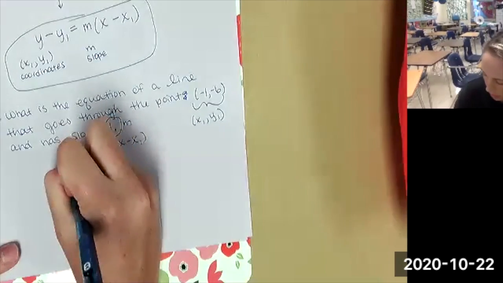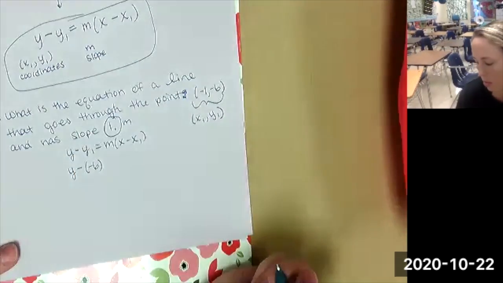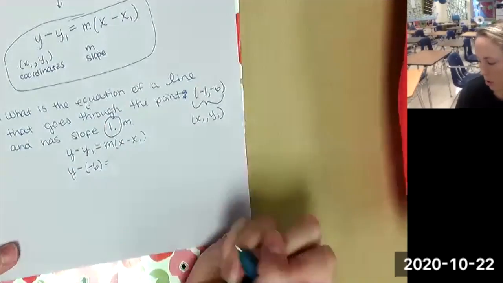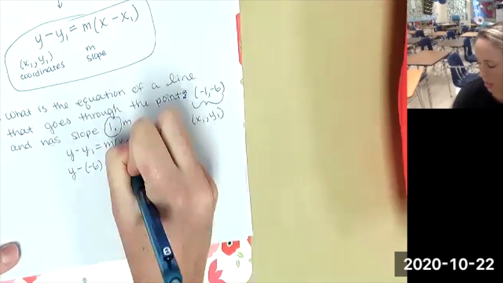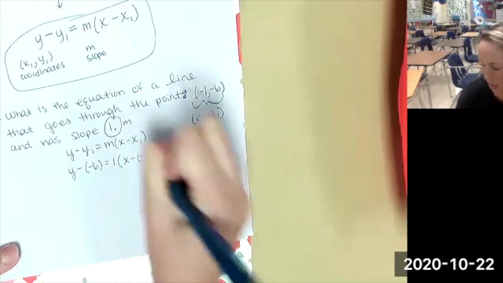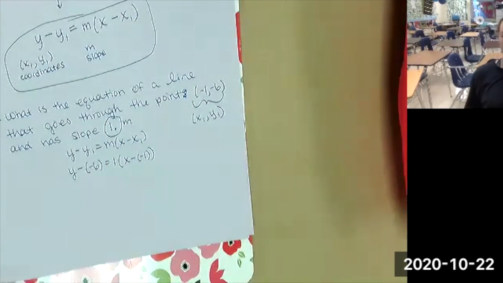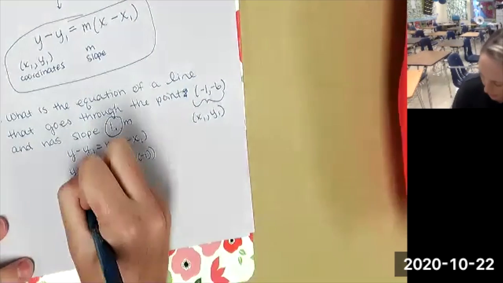So we've got y minus -6 goes in the y1 spot, equals m, which is 1, times x minus, and -1 goes in the x1 spot. And don't forget to put parentheses around numbers that you plug in. So minus a negative makes it positive.